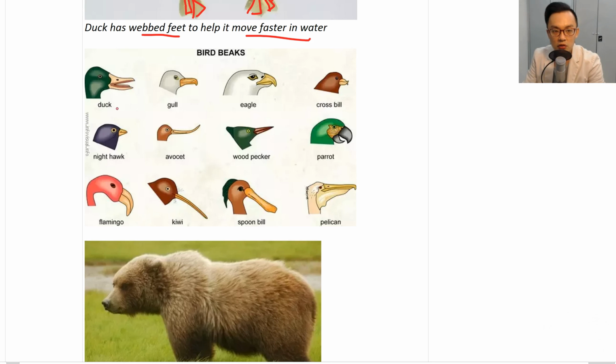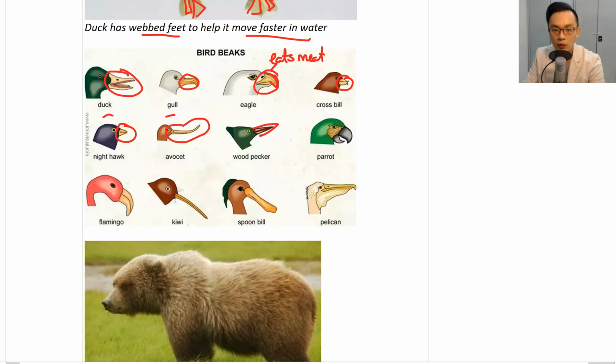So here are some more structural adaptations. If you look at the different kinds of birds, they all have different beaks. Different birds have different beaks, and these beaks help them to eat the kind of food that helps them survive better in the environment or habitat they live in. For example, an eagle eats meat, and therefore it has this hooked beak to catch onto the meat better.